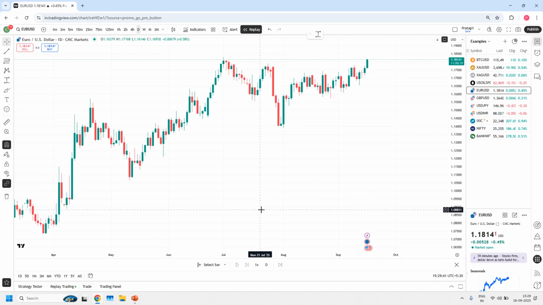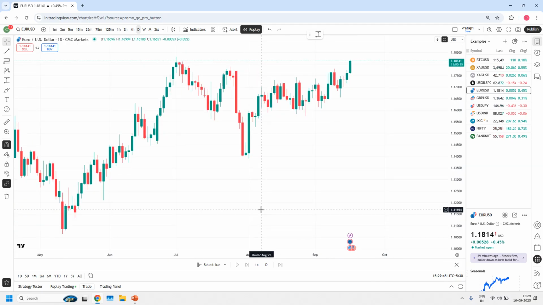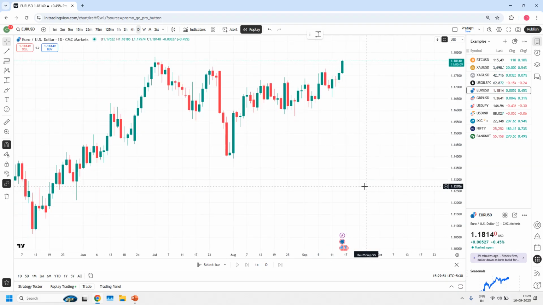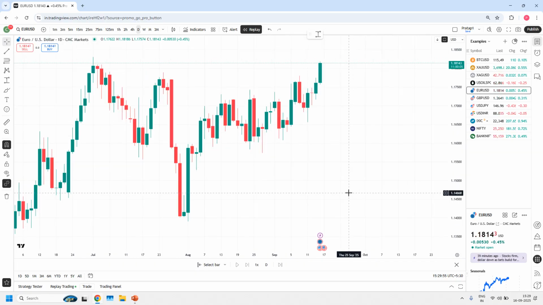Next, let us look into another example, Euro and US dollars. Okay. Here we have a drop base drop.